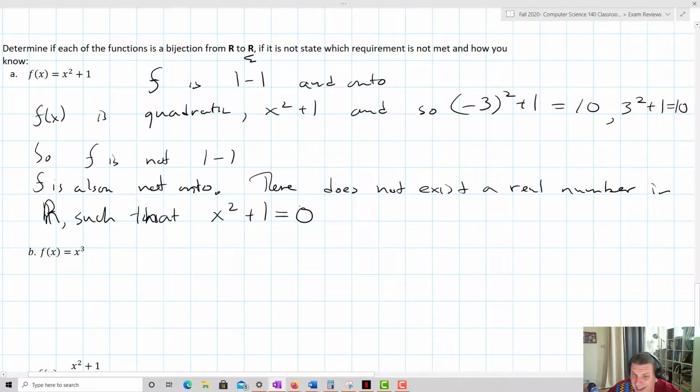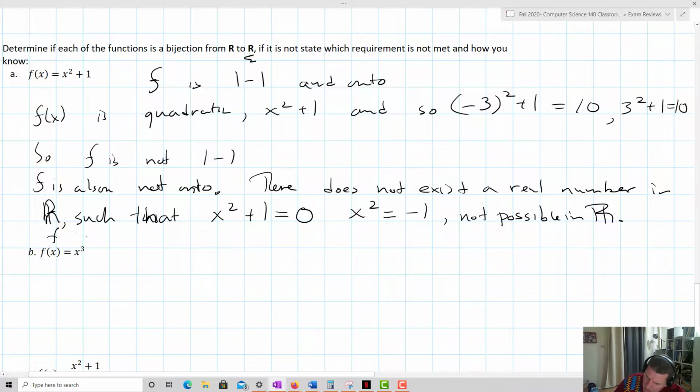We can't get back out 0, and 0 is a real number. We end up with x squared equals negative 1, and that's not possible in the reals. So f is also not onto.